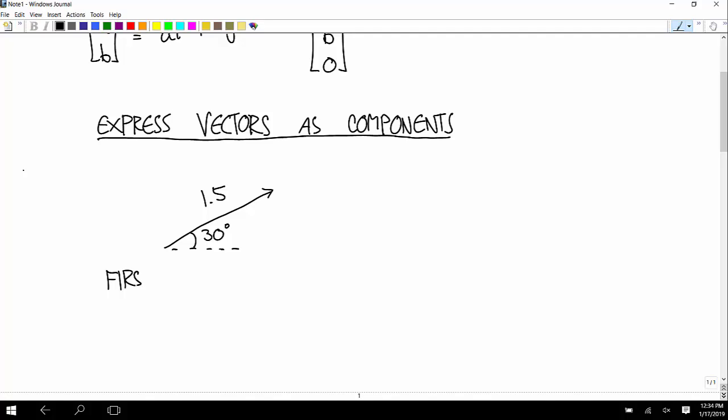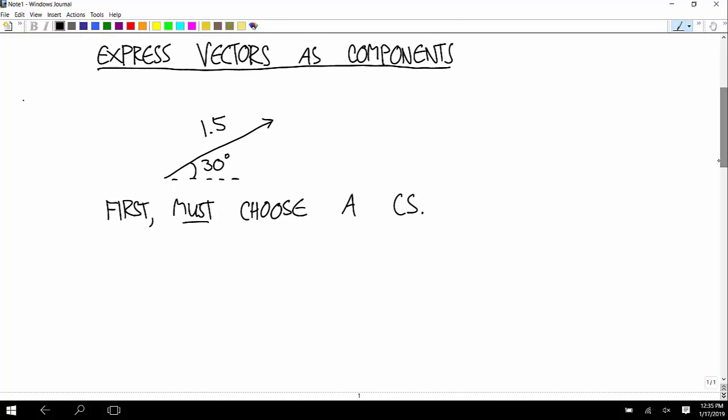So first, you must choose a coordinate system. In math classes, the coordinate system is pretty much always x-axis horizontal, y-axis up, but that doesn't have to be the case. And so you have to be clear to yourself about what coordinate system you are using.